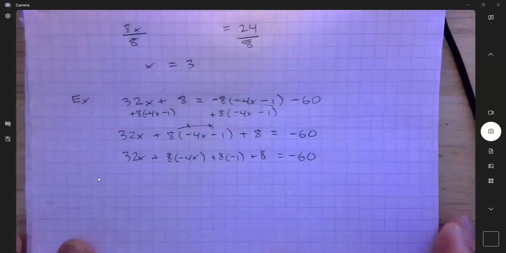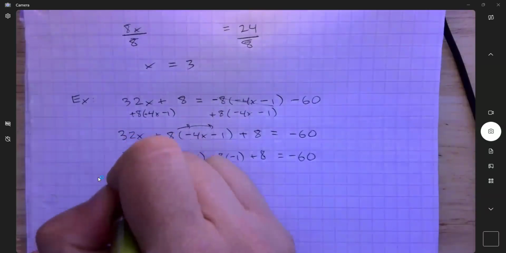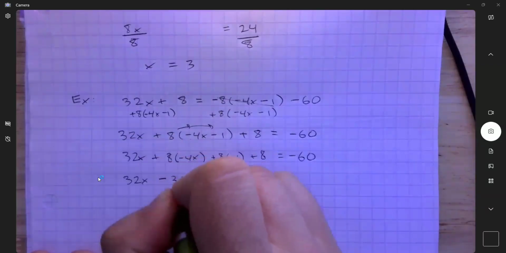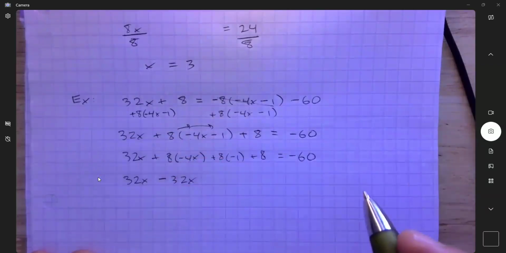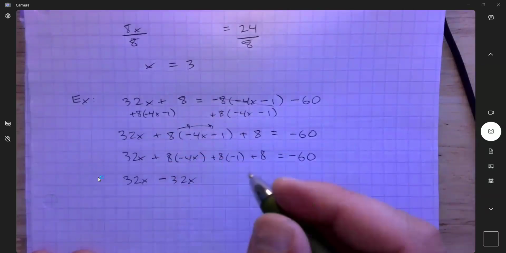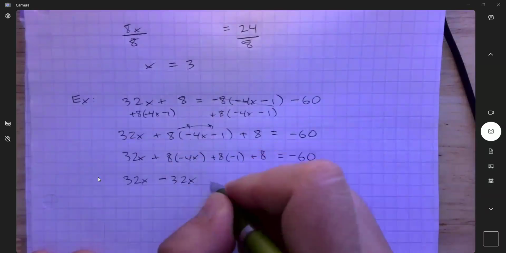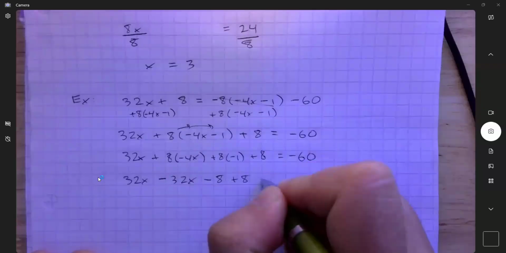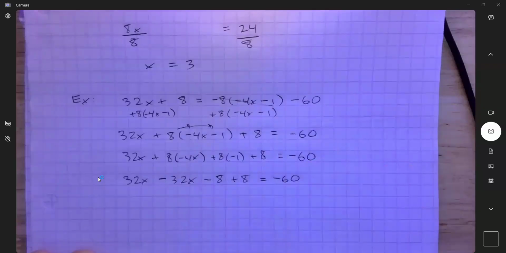I'm going step by step and simplifying as I go. 8 times negative 4 is negative 32x. 8 times negative 1 is negative 8, plus 8 equals negative 60.